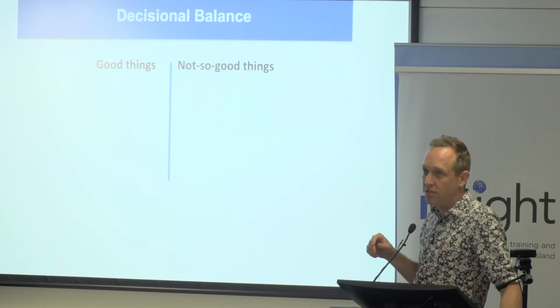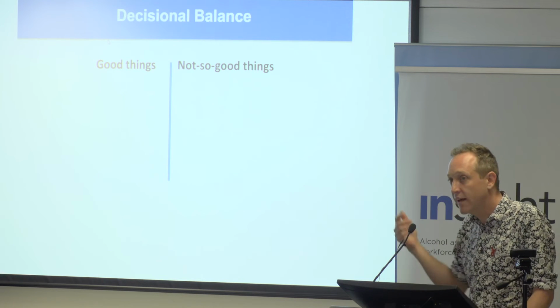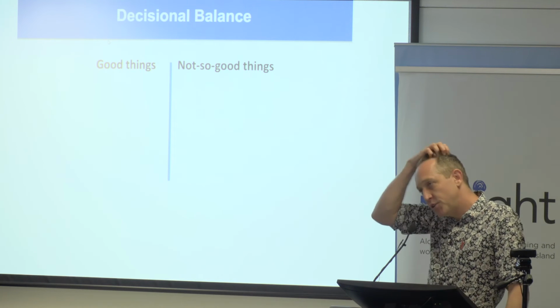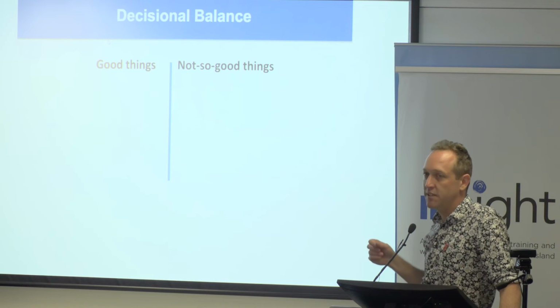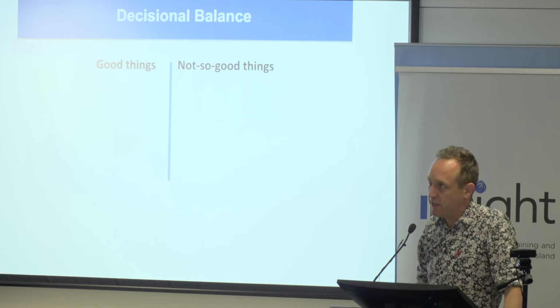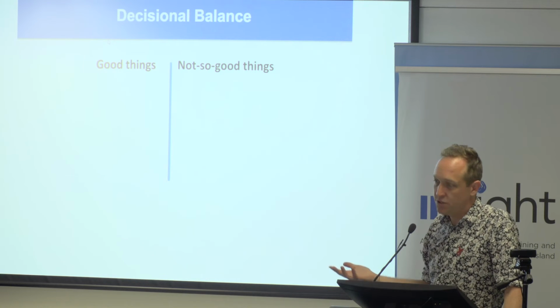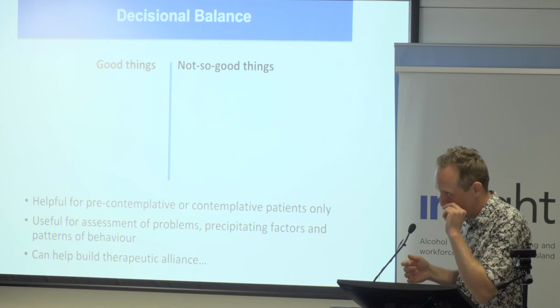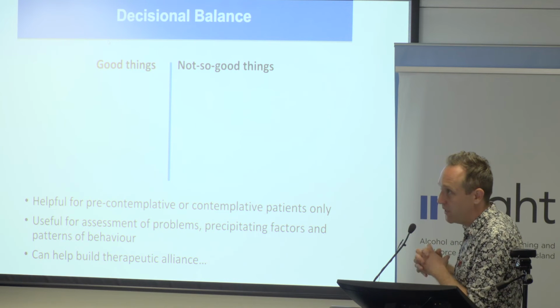People who like to use a counselling with neutrality approach would like to use a decisional balance approach in their motivational interviewing style, because it doesn't assume that they're just going to focus on all the negative components of substance use or drinking, and asks in a very interested way about what's happening for them. We do know that it is particularly helpful for pre-contemplative and contemplative patients only.